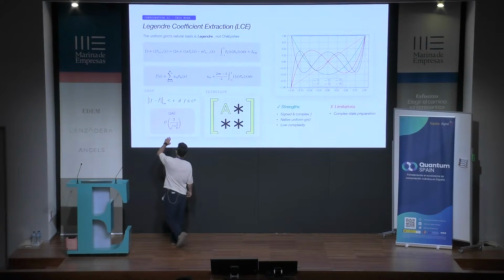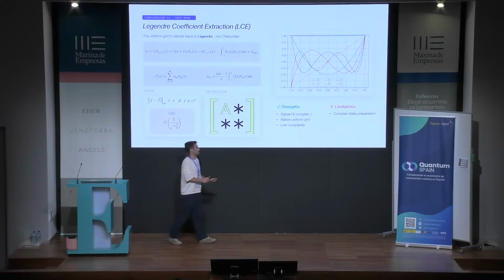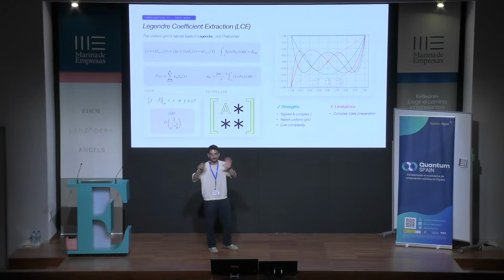As you can see here, in the infinity norm, we can achieve a complexity that scales almost linearly if the function is really smooth, or at least smooth. The limitation here is that we have this complex state preparation, but we can do it in the pre-fault-tolerant era, because all of this is for the pre-fault-tolerant era.